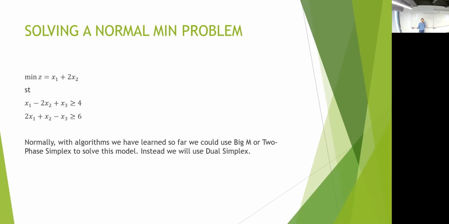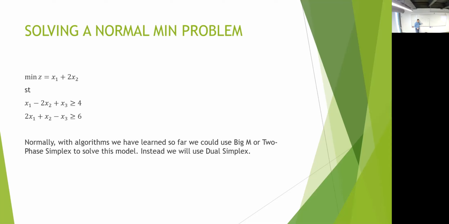I don't need any artificial variables. I'm just going to write these in a minus form. So it's actually going to be minus 1, plus 2, minus 1, plus 1, 0, minus 4. And the second constraint is going to be 0, minus 2, minus 1, 1, 0, 1, minus 6.